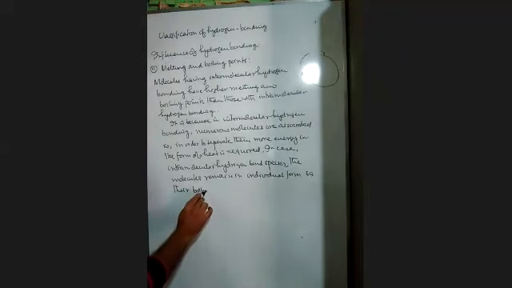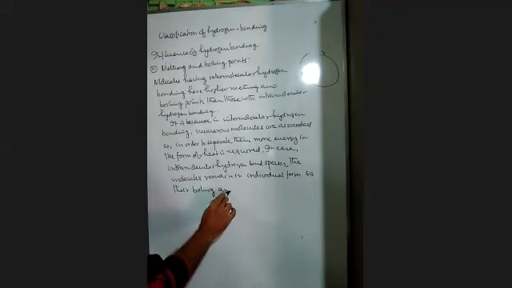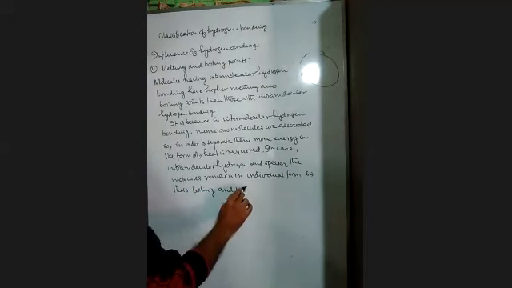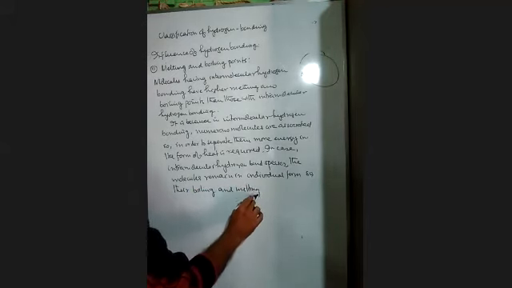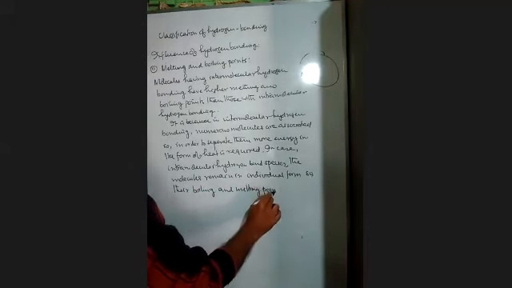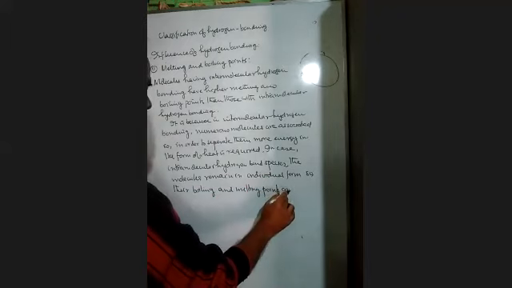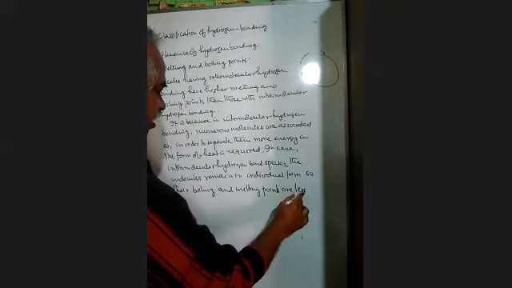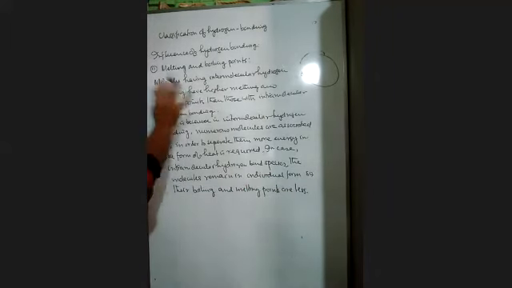So their boiling and melting points are less. Please write it, then after that I'll draw the example, because it will get some space.